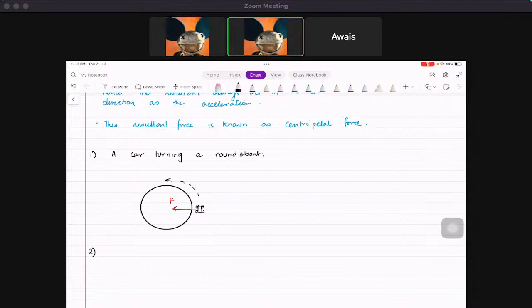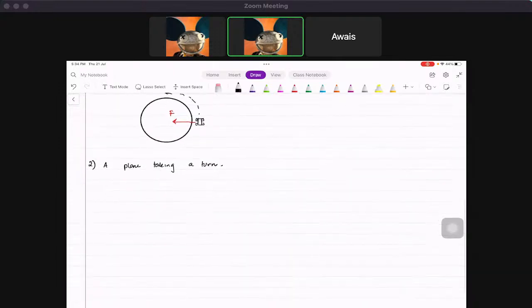Now, the second example is a plane taking a turn. When a plane turns, so this is the front of the plane, the plane always tilts like this.